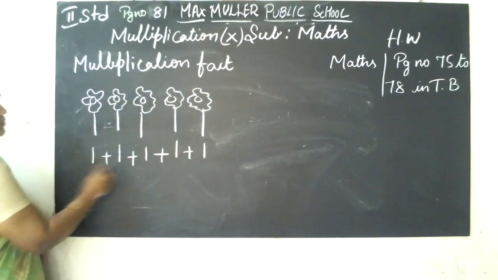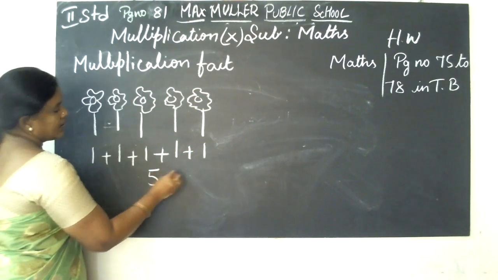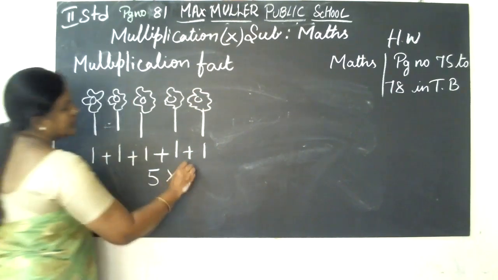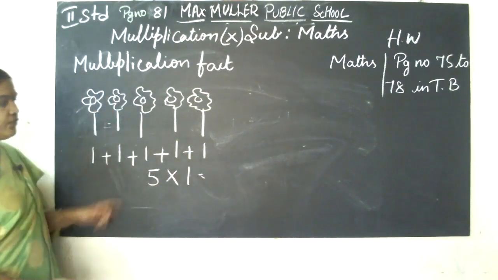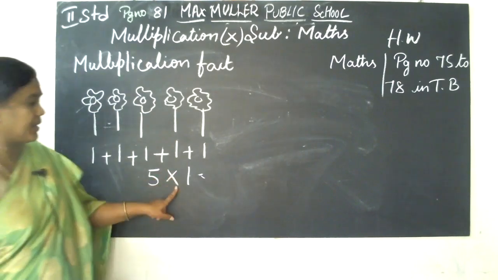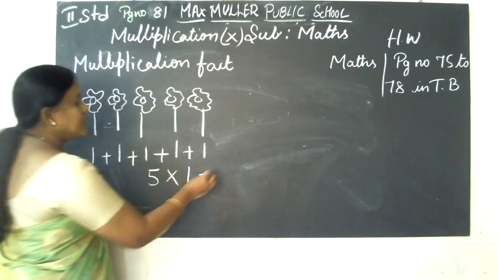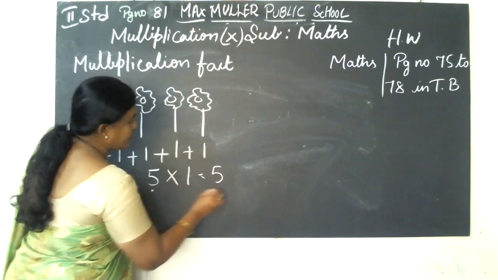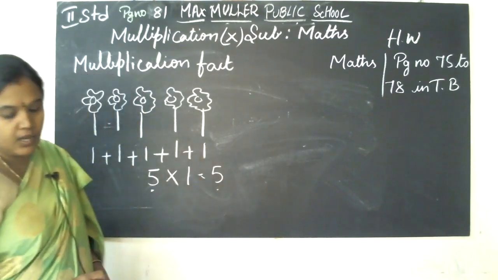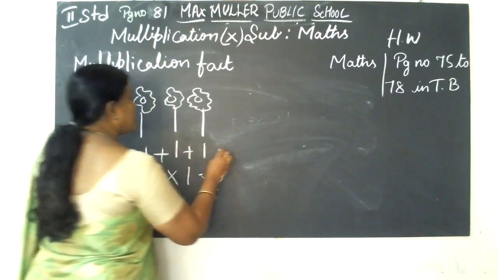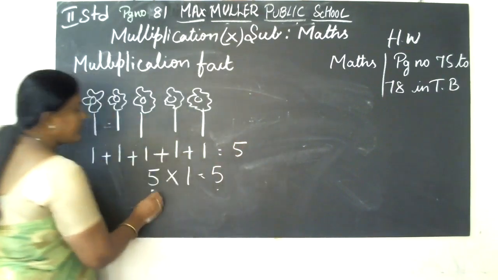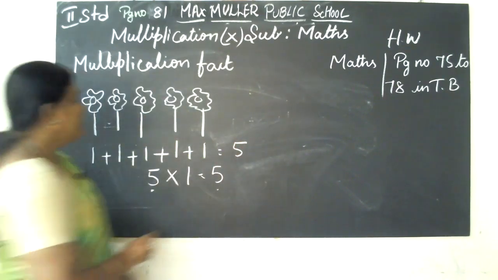How many ones did we use here, children? 5. 5 into 1 equals 5. If any number is multiplied with 1, you will get the same number only. 5 ones are 5. If we add also, we will get 5. If you do multiplication also, you will get 5.